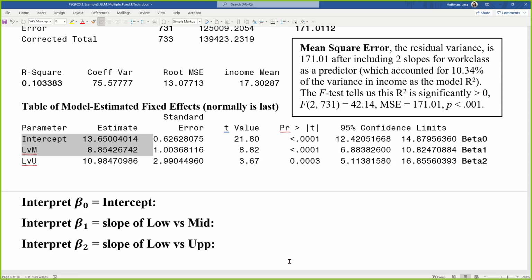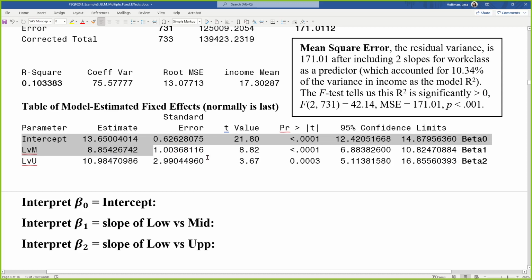8.8 is a slope. So this is a very common point of confusion that I want to hit really hard so that it's hopefully less confusing. This is not the mean for the middle group. This is how the mean for the middle group differs from the mean for the low group. So to get to what the mean is for the middle group, I got to add these two together. 13 plus 8 is what the middle group's mean is.